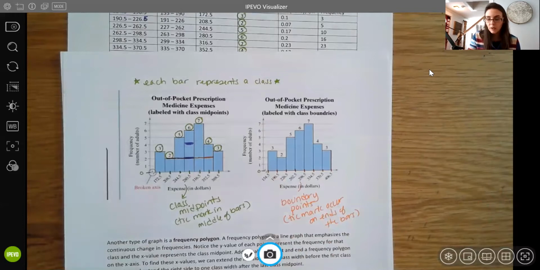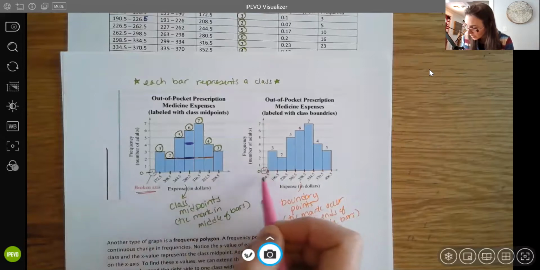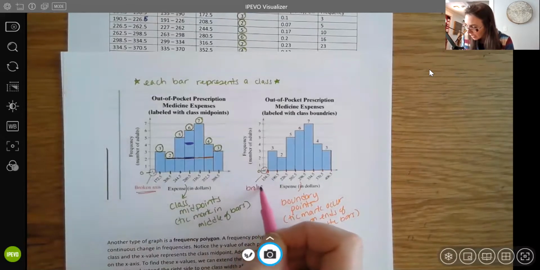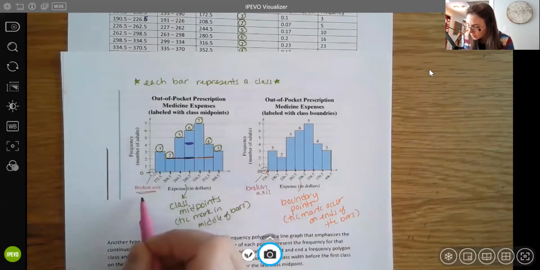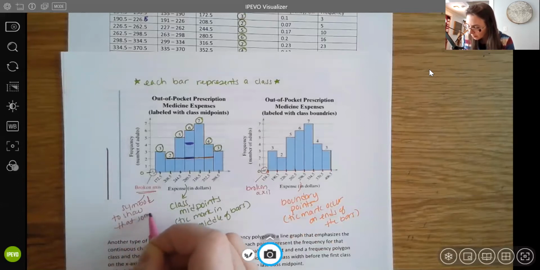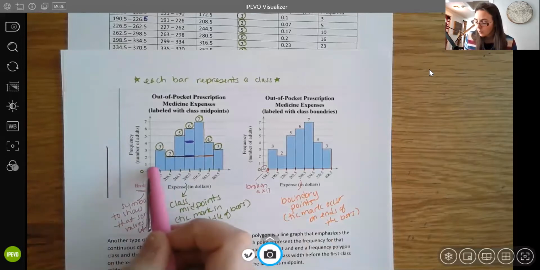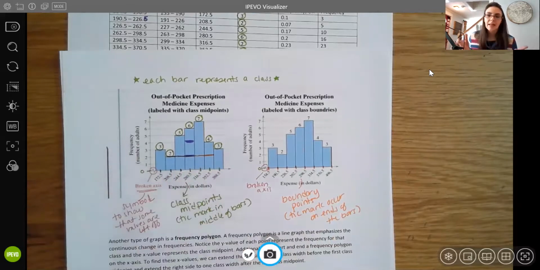All right, now one last thing I want to talk about here on this graph is, and they mention it here and here, is this idea of a broken axis. Now, this is really just a symbol to show that some values are left off. So if you look here, our horizontal axis should start at 0, right?